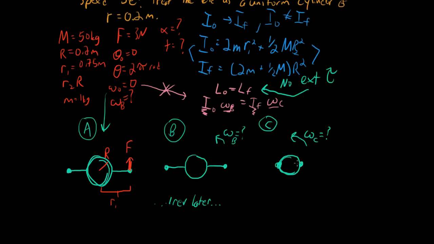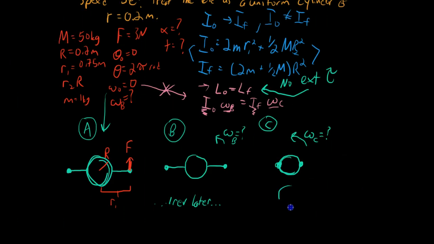And then immediately, instantaneously, which is a remarkable feat to go from out here to in here, he changes his moment of inertia and is now going at omega c. One of the nice things about this conservation of angular momentum is that it actually doesn't care whether this was done instantaneously or not.